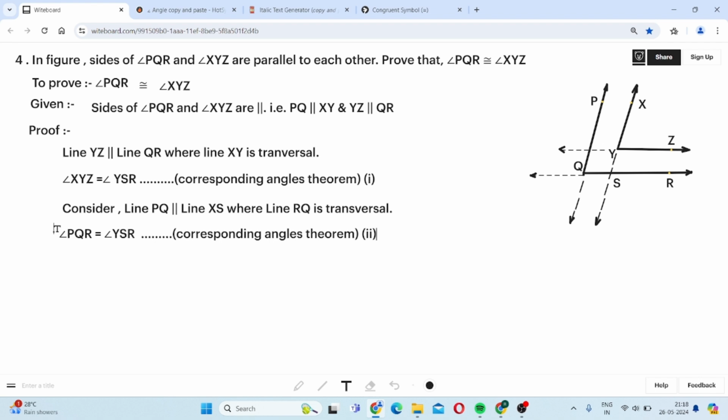Now see, the first equation is equal to angle YSR. The second is also equal to YSR. Therefore, as our RHS, that is right hand side, are equal, our left hand side will also be equal.